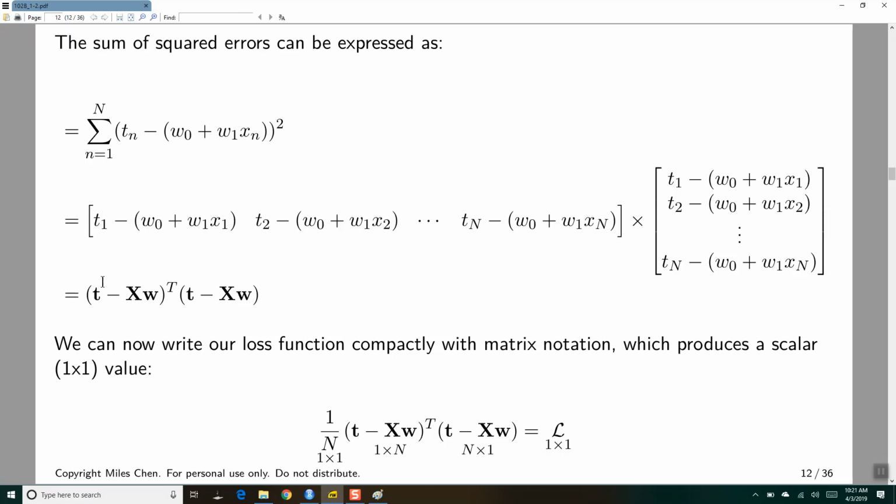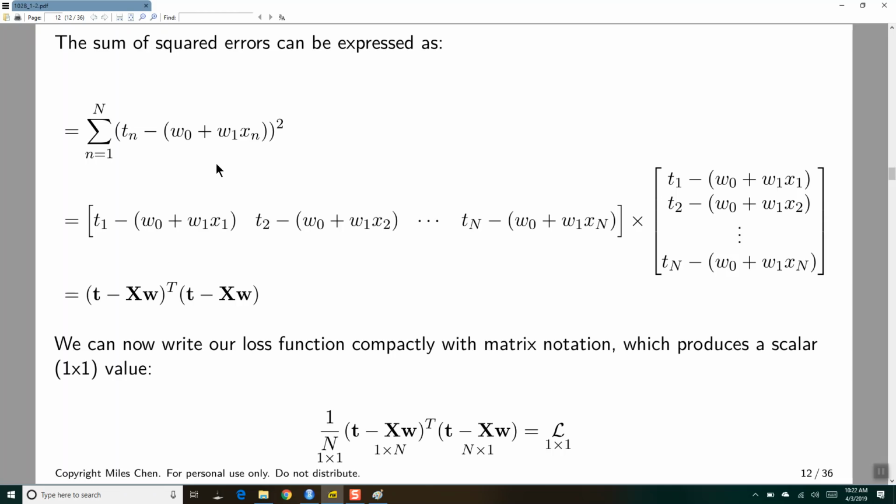So here, this is 1 by n, okay? This row of T minus XW transpose is going to be 1 by n, and this column, T minus XW, has n rows and one column, so it is n by 1. And so when I multiply those two together, we are going to get a 1 by 1 scalar value, okay?